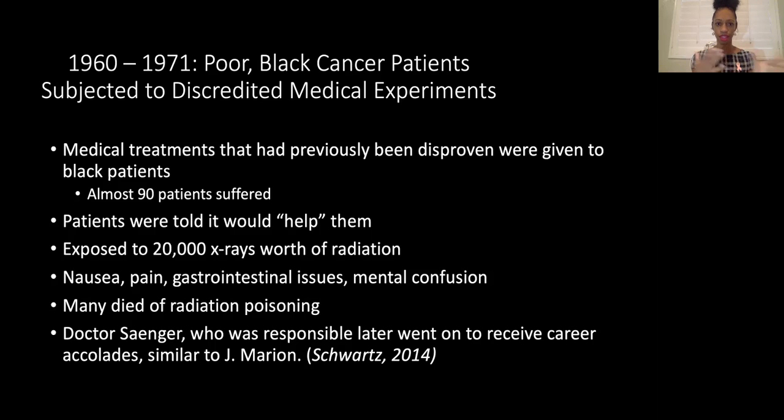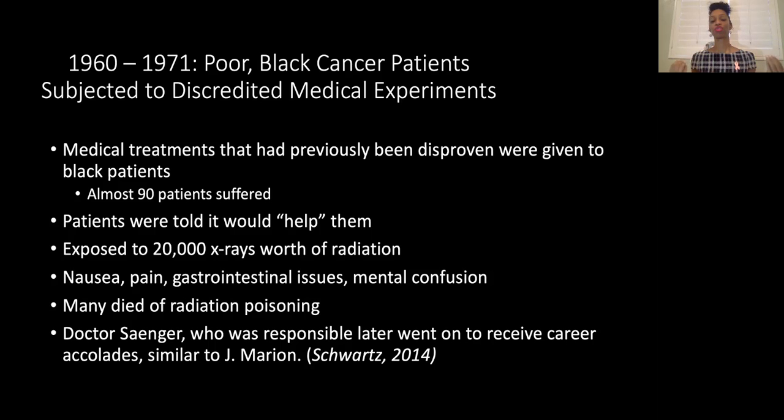And the x-rays and the radiation treatments from this particular doctor, Dr. Saenger, were previously unproven. However, these Black young men, older men, were recruited. They were told that this treatment would help them, and of course it did not. It was a flat out lie.